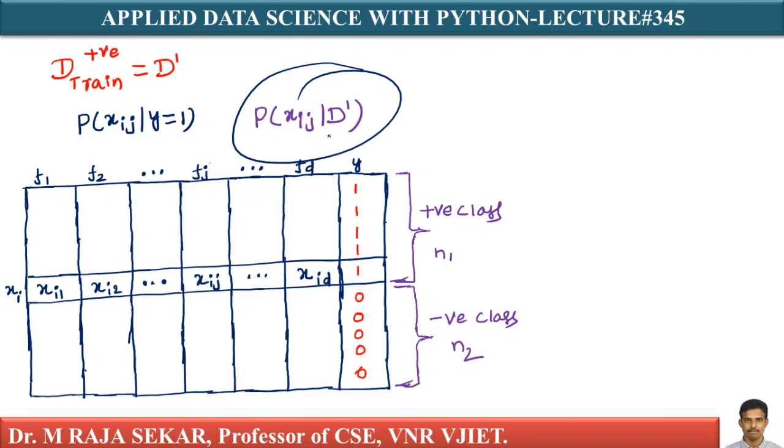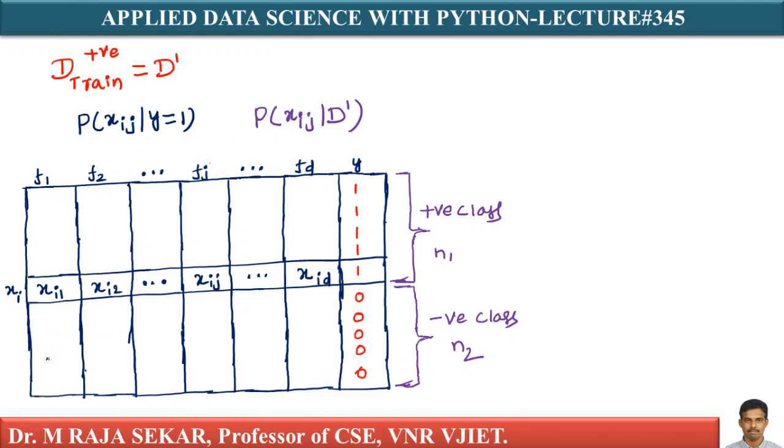Now let's look at it. Imagine my fj is feature j, because this xij corresponds to feature j, xi2 corresponds to feature 2, xi1 corresponds to feature 1, and xid corresponds to feature d. In a similar manner, xij corresponds to feature j.